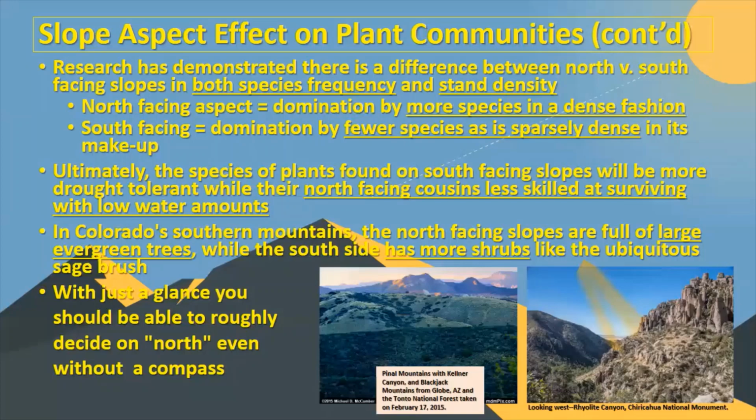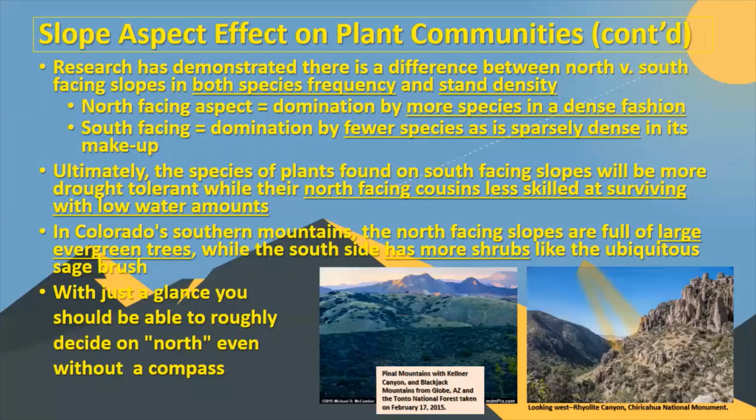In Colorado, we're going to be looking at pictures here shortly. In Colorado's southern mountains, the north-facing slopes are full of large evergreen trees, and the south side has more shrub-like vegetation, like sage. And we're looking at pictures here from the Pinaleno Mountains. This is Mount Graham, and the difference in slope orientation just 100 miles north of here, perhaps.